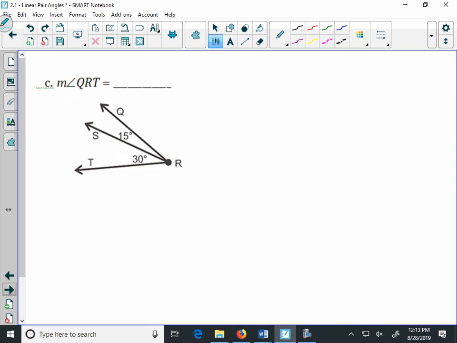If we take a look at C, we want to find angle QRT. Again, what do we have to do with the little angles to find the big angle? Add them. 15 plus 30 is what? So the measure of this angle right here is 45 degrees.